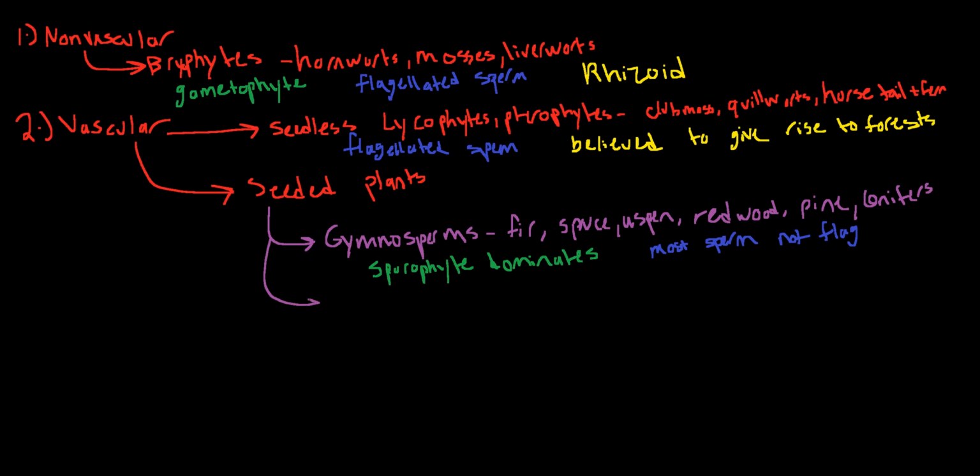Okay, so now we have done the gymnosperms. Now we have the angiosperms. These are basically all the plants that have flowers. Since they're all the plants that have flowers, they are the most abundant on Earth.